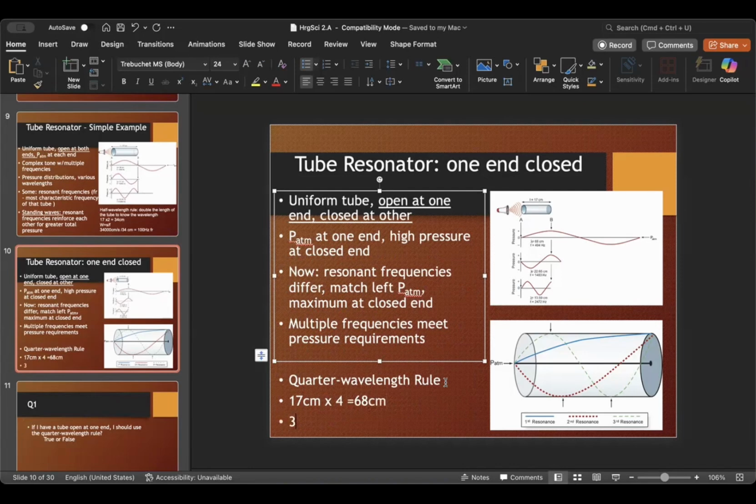To find frequency, we already have the wavelength, so we can just cross multiply: 34,000 centimeters per second divided by 68 centimeters equals, and I'm pretty sure that's 500 hertz. Let's just confirm real quick. Yes, 500 hertz.